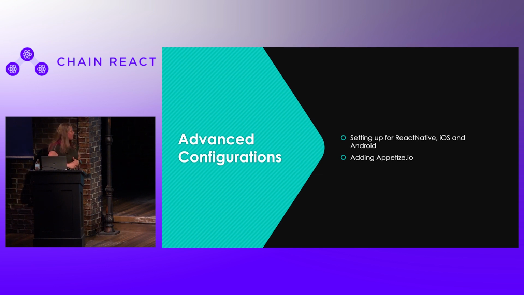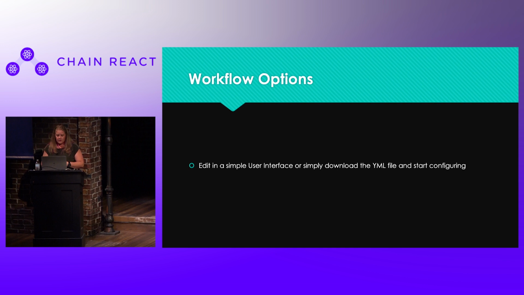So, as I said, you can get into now more advanced configurations. So you can set up specific steps for React Native, for iOS, for Android, for adding Appetize, which we'll get into as well. So there's a really simple interface, or you can download the YAML file and start doing your configurations directly in the YAML.